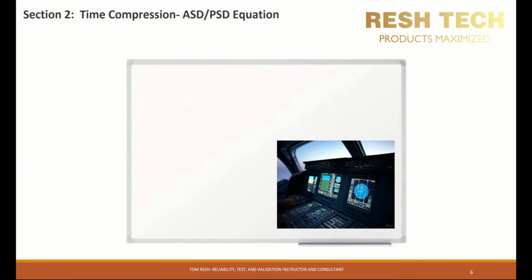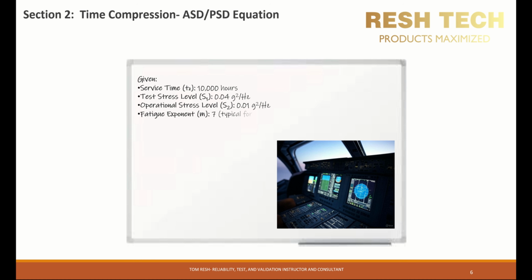Again, we will use the flight controller that we used in the previous example. And again, the service time, T2, is 10,000 hours. The test stress level, S1, is 0.04 g squared per hertz. The operational stress level, S2, is 0.01 g squared per hertz. The fatigue exponent, m, is 7 in this example.